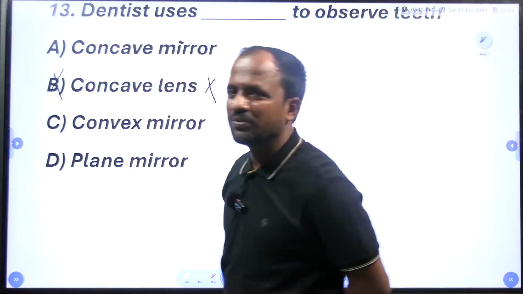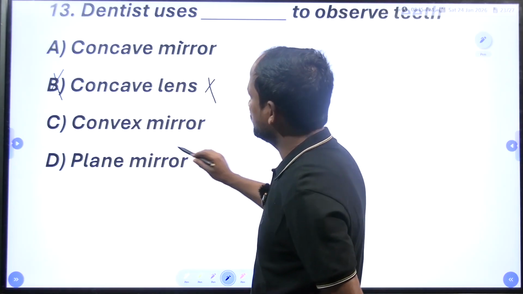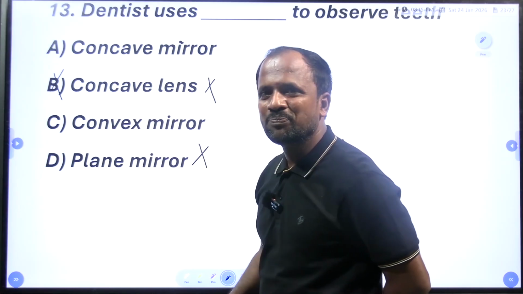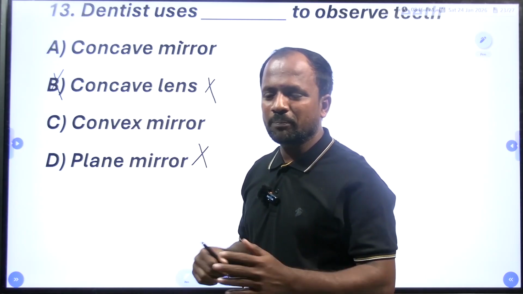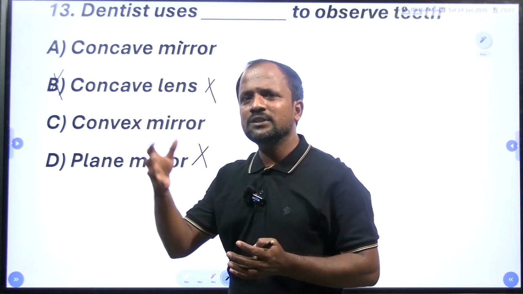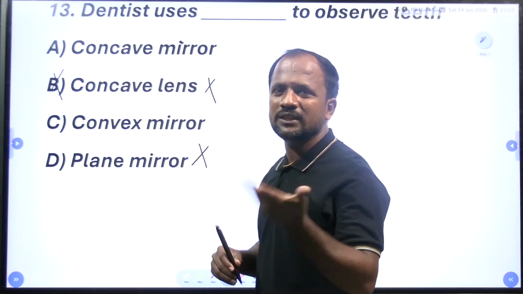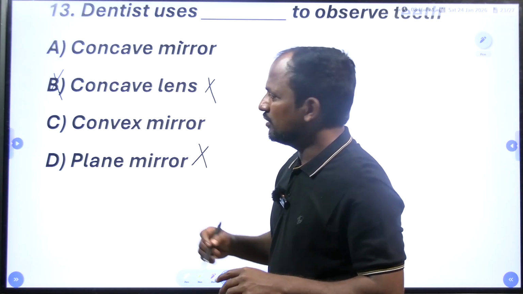Next, plane mirror: you will observe the same size of the object and the same size of the image, so there is no difference.